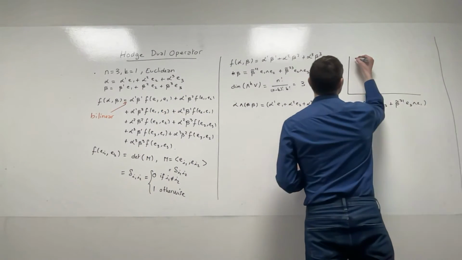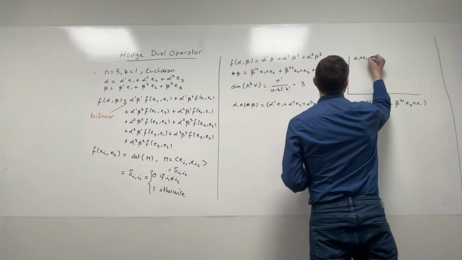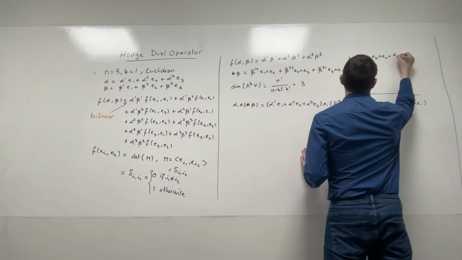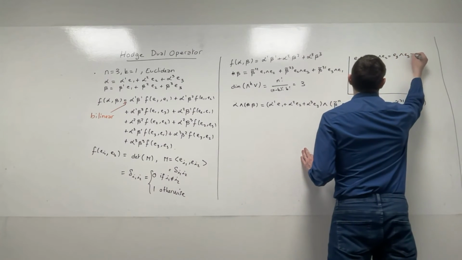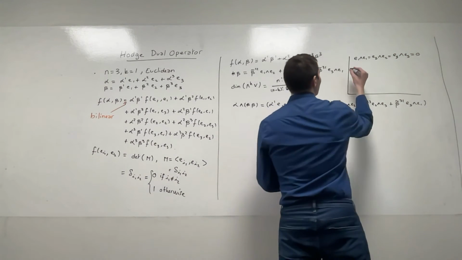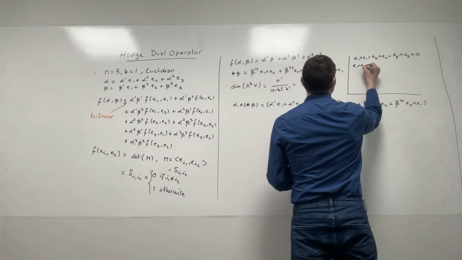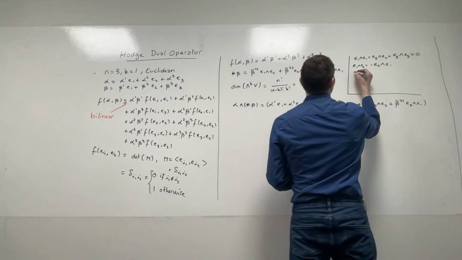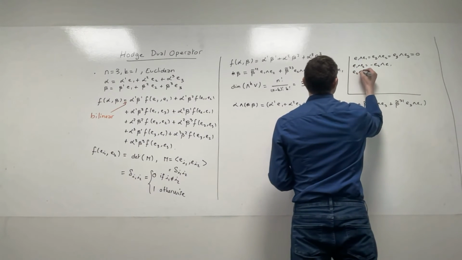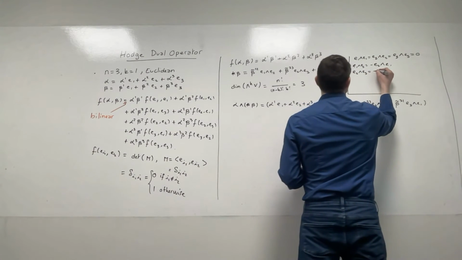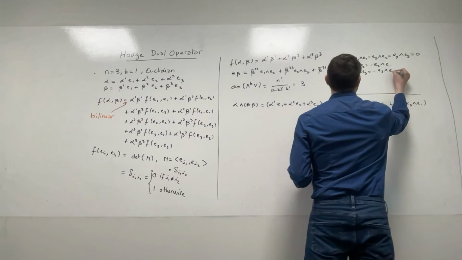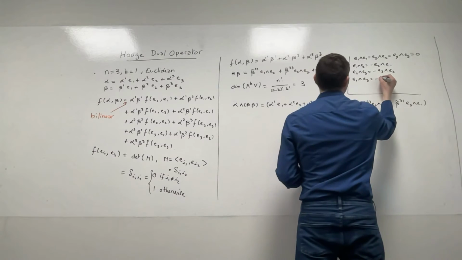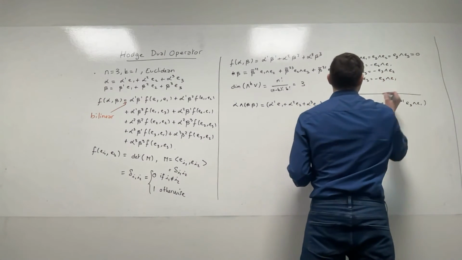So e1 wedge e1 is equal to e2 wedge e2 is equal to e3 wedge e3, equals 0. And likewise, e1 wedge e2 is equal to minus e2 wedge e1, e2 wedge e3 is minus e3 wedge e2, and e1 wedge e3 is equal to minus e3 wedge e1.